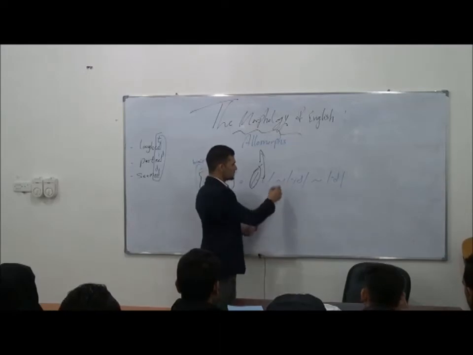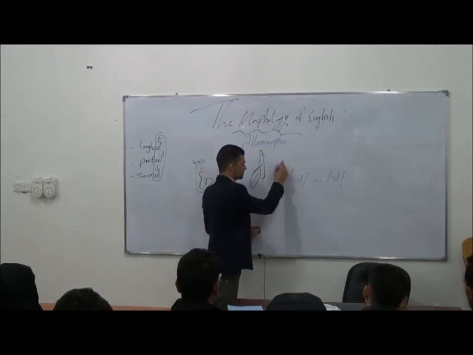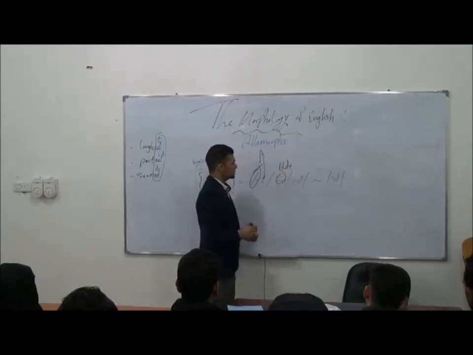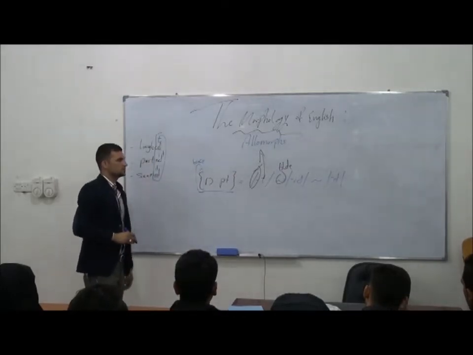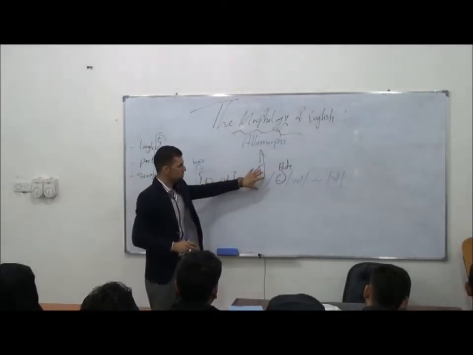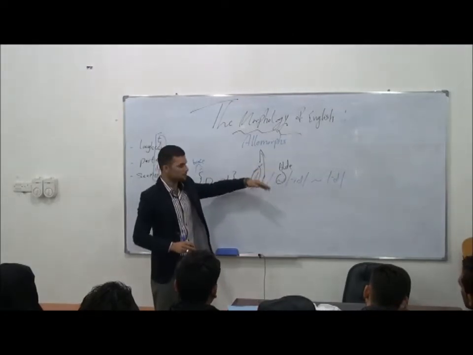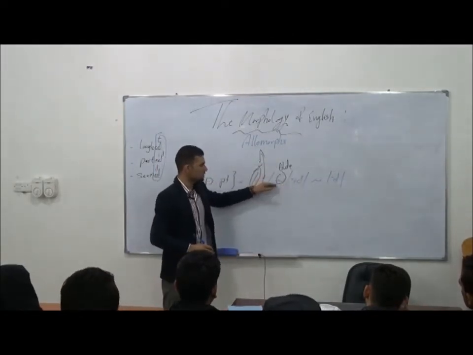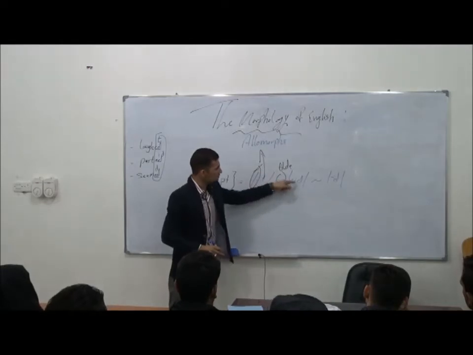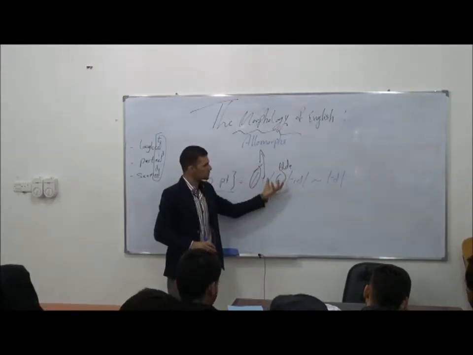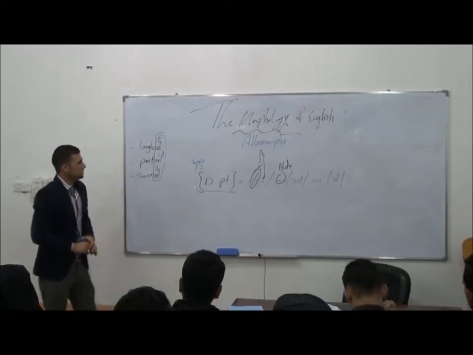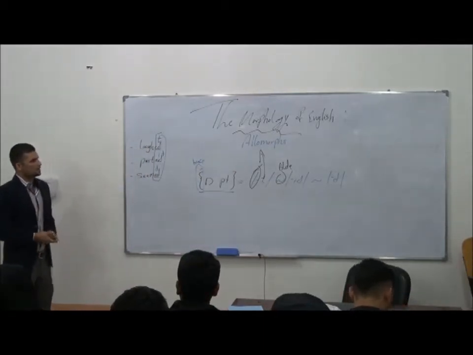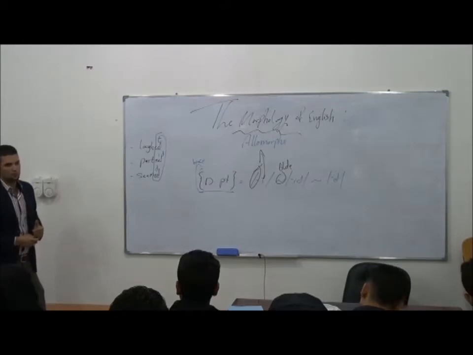The tilde, this is called tilde. The tilde means that this allomorph is in relation with this allomorph, which is called complementary distribution. This is the major idea about allomorphs and morphemes.